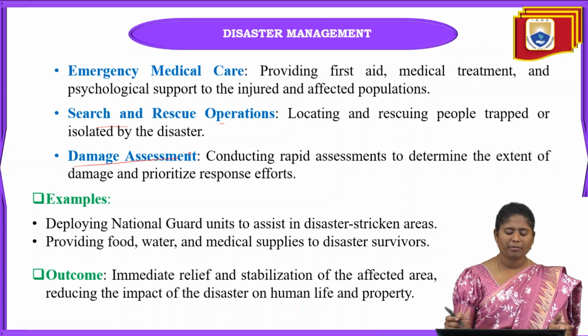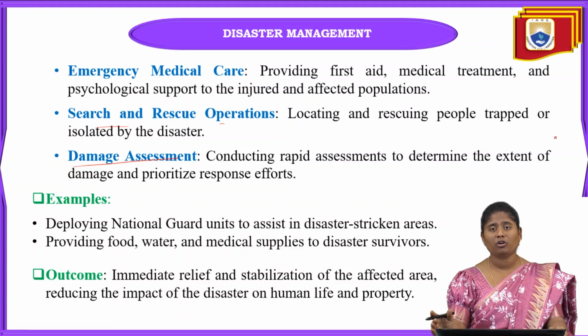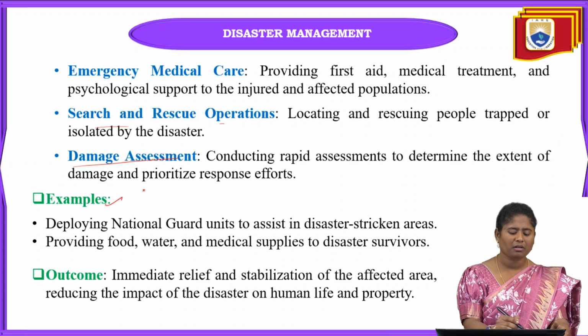And next one is damage assessment. We have to conduct a rapid assessment to determine how much damage is done to that place, and how much response effort can be sent to that place. All these damage assessments have to be done by us. And next one is examples.